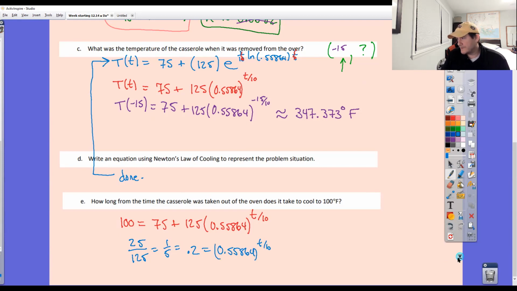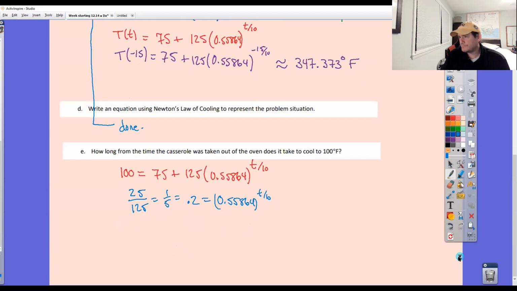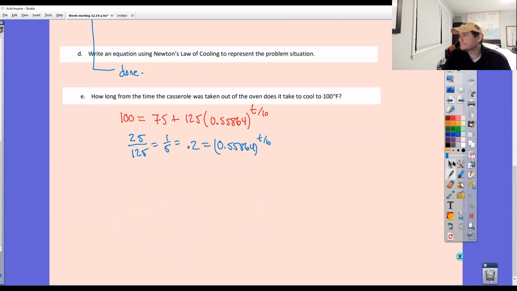You're taking logs of both sides now. You could take the log with a base of 0.55864 if you want to, but if your calculator can't handle that anyway, you may as well just be taking the ln of both sides. You get ln of 0.2 equals, you're going to pull out your power, ln of 0.55864.